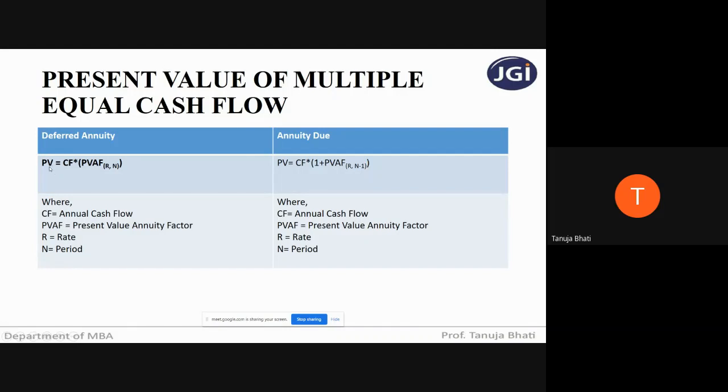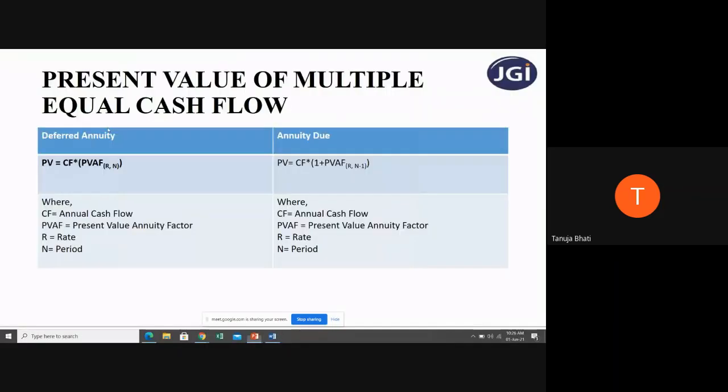Simple, present value is equal to cash flow into present value annuity factor. That means you are going to use table number 4. Remember, students, for present value, table numbers 3 and 4 are applicable. Table number 3 is applicable when there is a single cash flow, and when there are multiple equal cash flows, that is an annuity, you are going to use table number 4. So I will just show you all.